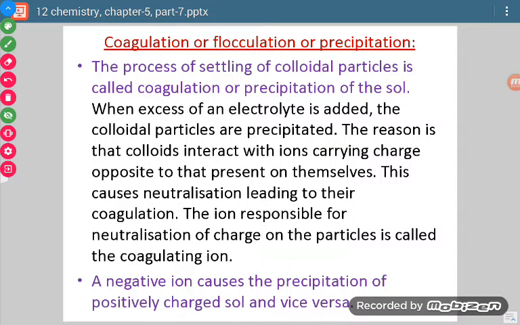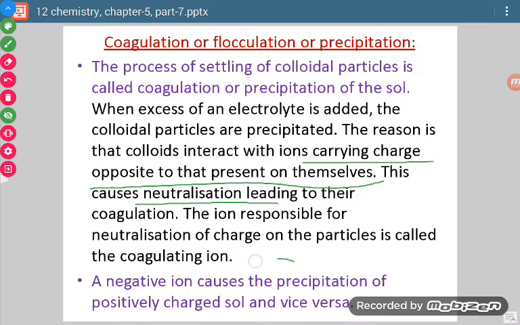Suppose the colloidal sol is carrying a negative charge and we are putting sodium chloride electrolyte, then the sodium ion will be responsible for the coagulation, because it is carrying positive charge and that charge is opposite to the charge on the colloidal sol particles. So the simple reason is that oppositely charged ions present in the electrolyte neutralize the colloidal sol particles, and so they settle down at the bottom, and this settling down is known as coagulation or flocculation or precipitation.